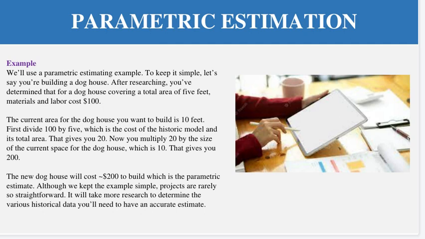First divide 100 by 5, which is the cost of the historical model per area. That gives you 20. Now you multiply 20 by the size of the current space for the dog house, which is 10. That gives you 200. The new dog house will cost approximately $200 to build, which is the parametric estimation. So this is an example of how we can use parametric estimation.